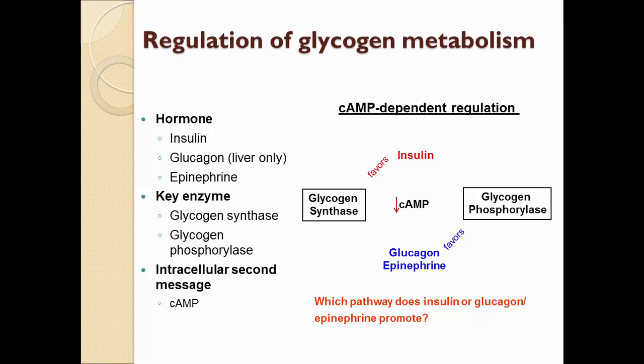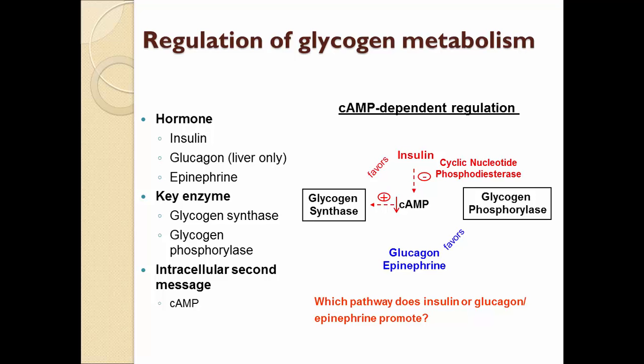Try to remember that the cyclic AMP level is very important, the key that can control these two key enzymes in two different pathways. For example, insulin, in the fed condition, when insulin level is increased, insulin causes decreased cyclic AMP levels.